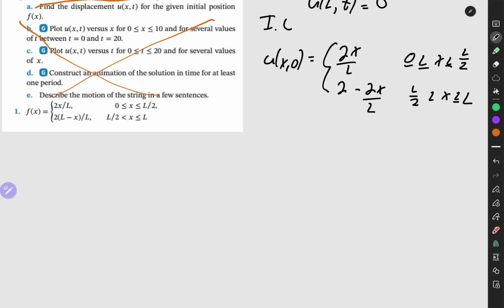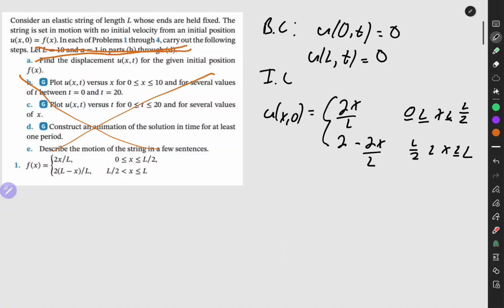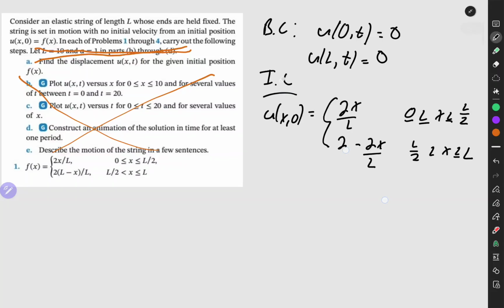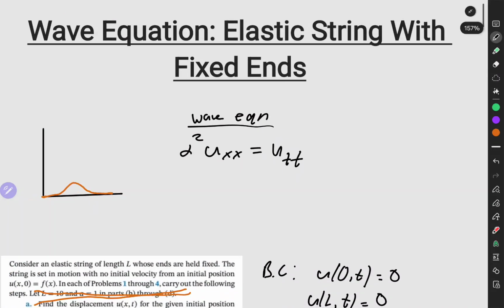Step 1. What do we know to do? Oh, wait, first of all, I almost forgot. We don't just have one initial condition for this problem, because we have an initial position, but we also have an initial velocity. Now in this case, it's being held up at this point and then being let go.